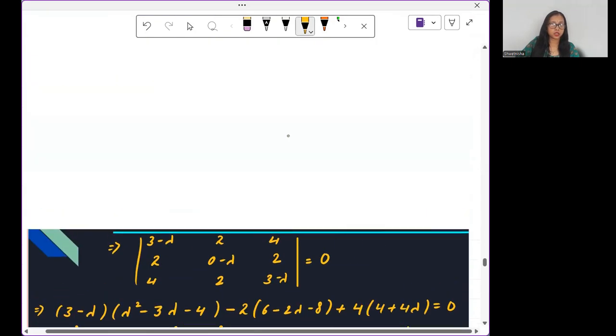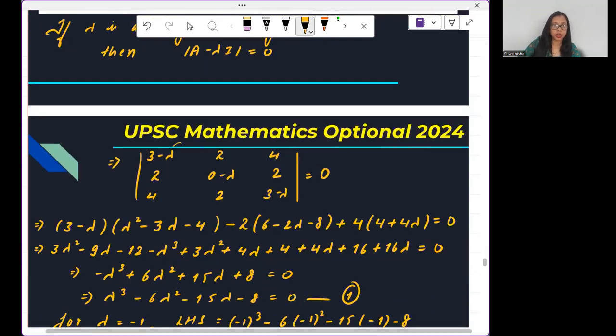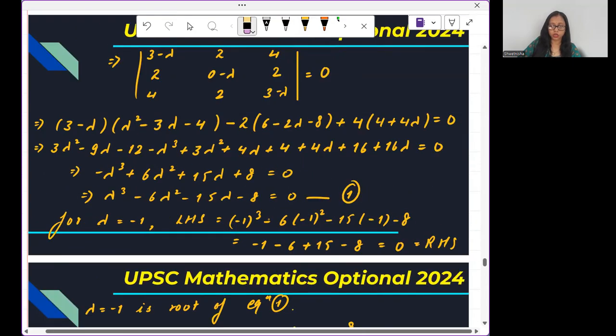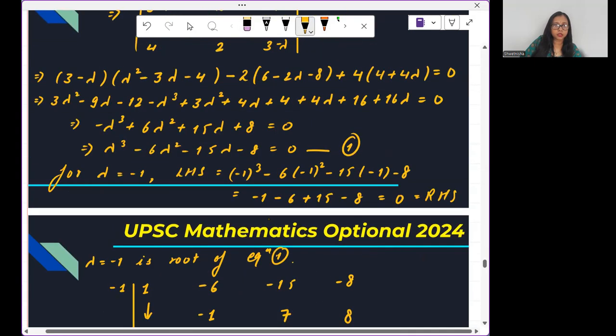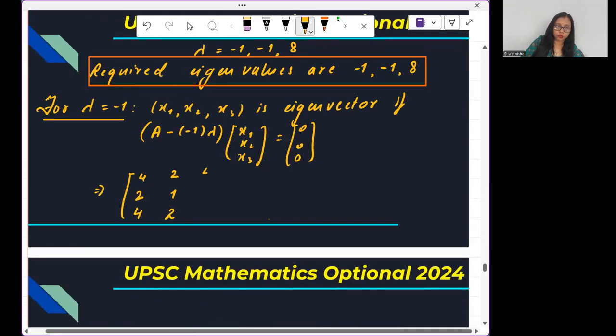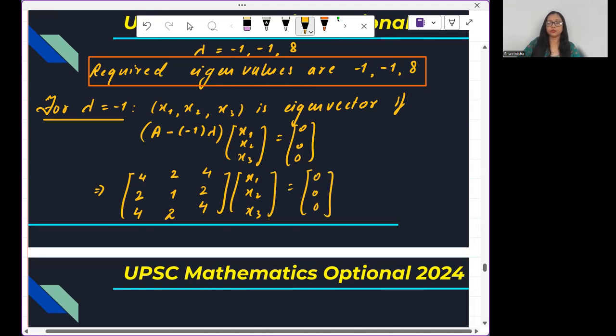This is A minus lambda I, so I have to substitute lambda as -1. So it is 3 minus -1, 4, and the last becomes 4, and the middle one becomes 1. So this implies the matrix 4, 2, 4; 2, 1, 2; 4, 2, 4 times x1, x2, x3 is equal to 0, 0, and 0.